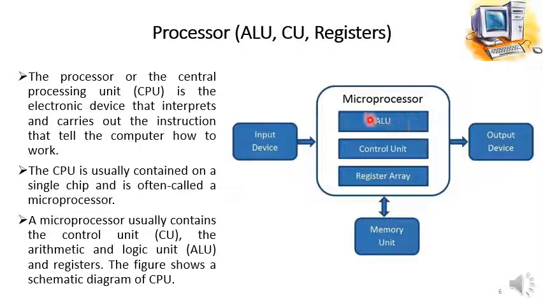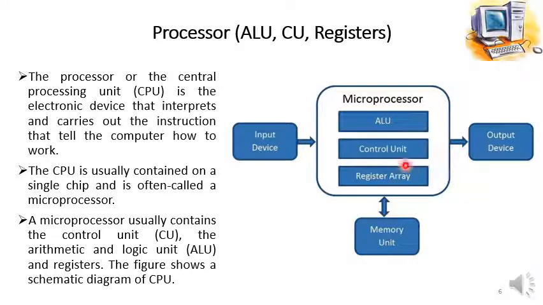We will discuss all these things in more detail in the coming lessons, but I am just explaining this diagram so that you can understand. After processing the instructions, the results are given in two ways. The results are displayed through the output devices.